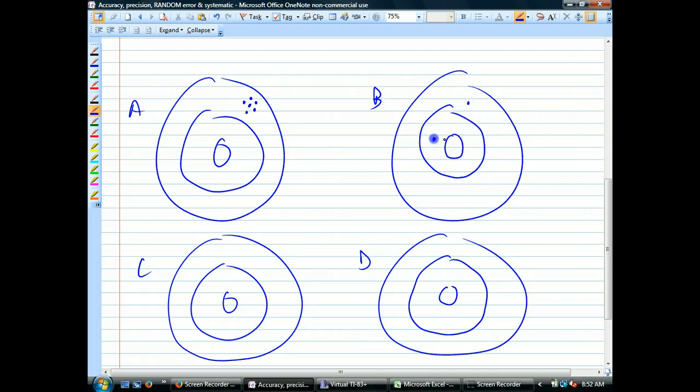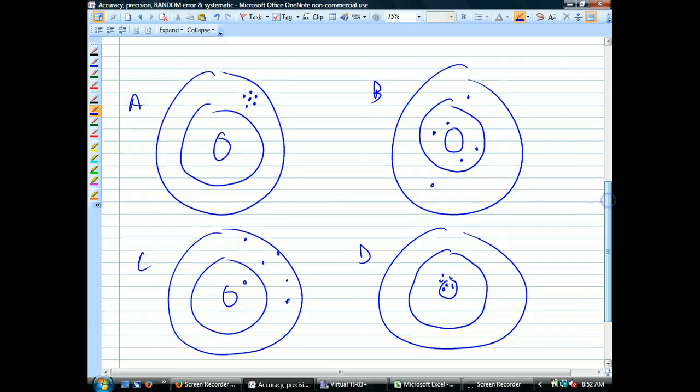The second one gets this. The third one, something like this. I think I put an extra shot on there. And the fourth one, something like this. All right?